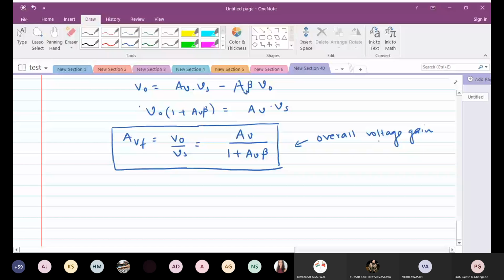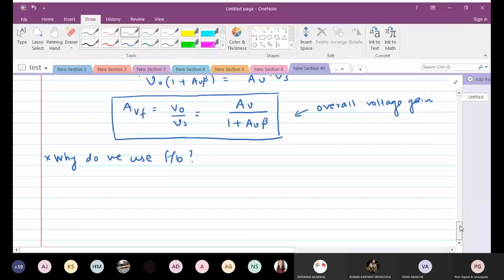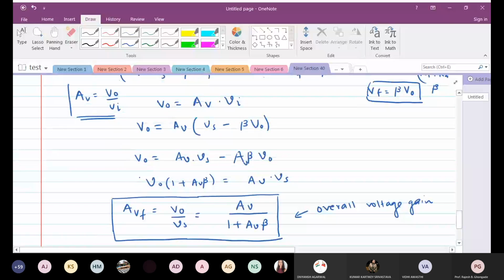Now you'll ask me the question, why do we use the feedback in the first place? Okay, to answer that, this is the open loop gain, that is the gain of the amplifier without feedback.